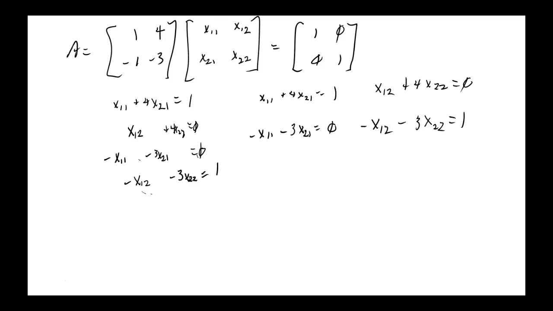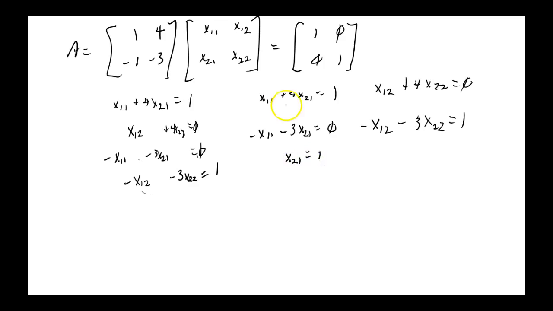Now, if you were to solve this first system here, which you can do, right? Just add these two together, and you eliminate the x11, and that gives you x21 is equal to 1, right?